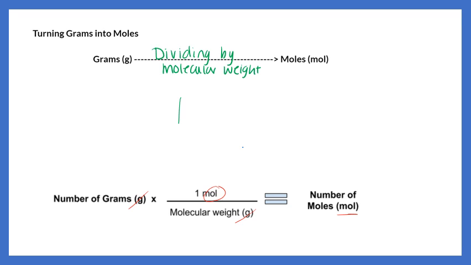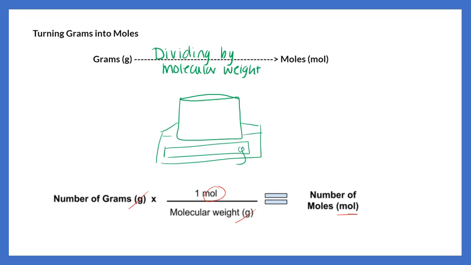And so here you have your bucket that you're weighing out with your stuff, and you're trying to go from grams into how many moles you might have on that bucket. Maybe you have 1, maybe you actually have 2 stacked on top, maybe you have 3 that you've weighed, okay? You don't know. So you have to go from how many grams you have divided by the molecular weight of that to then get how many moles you have.